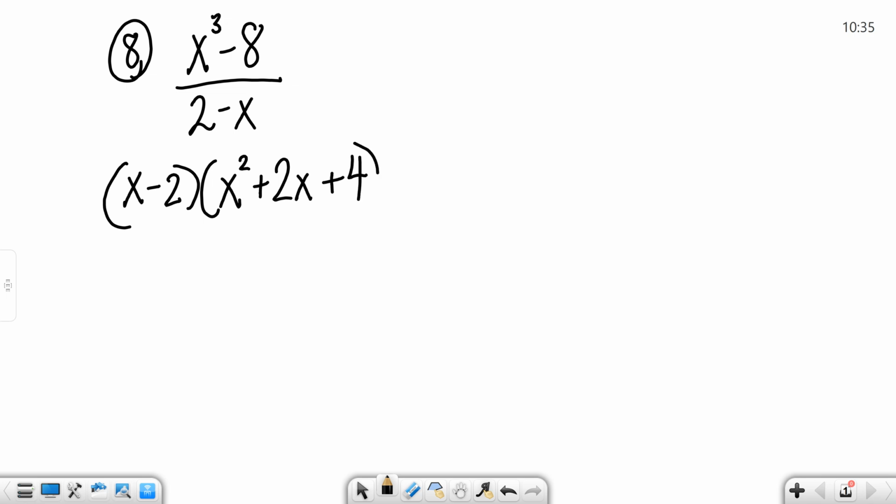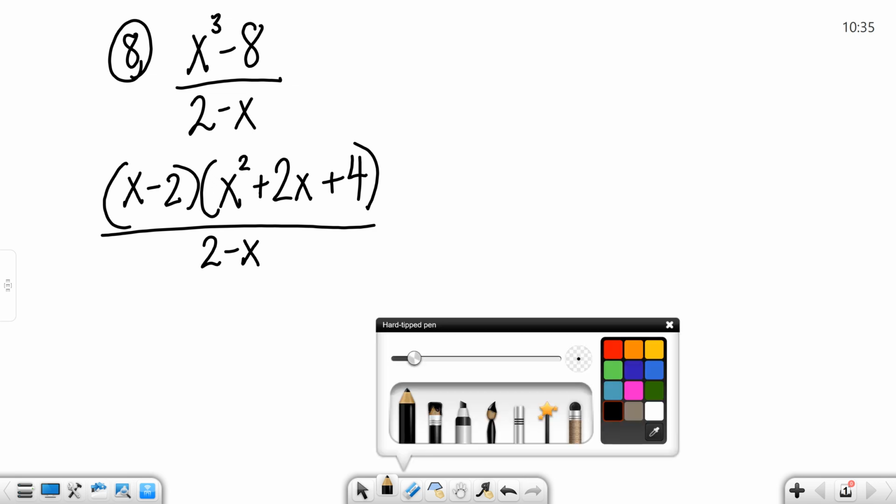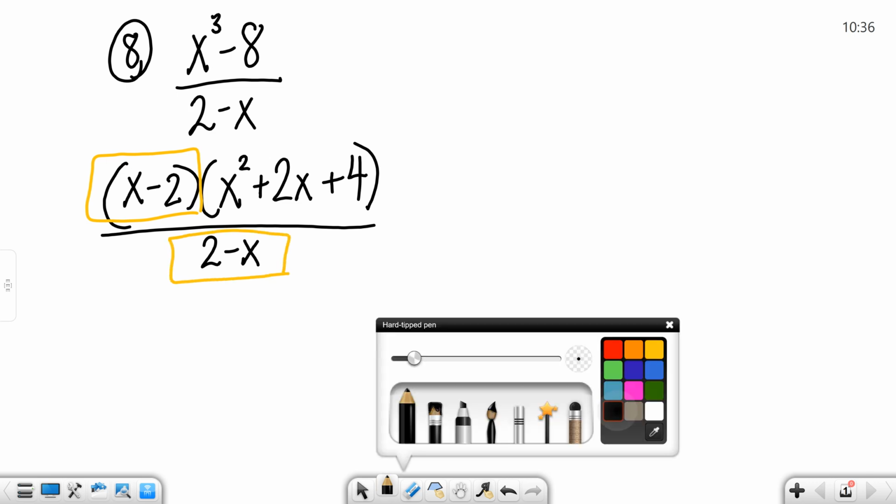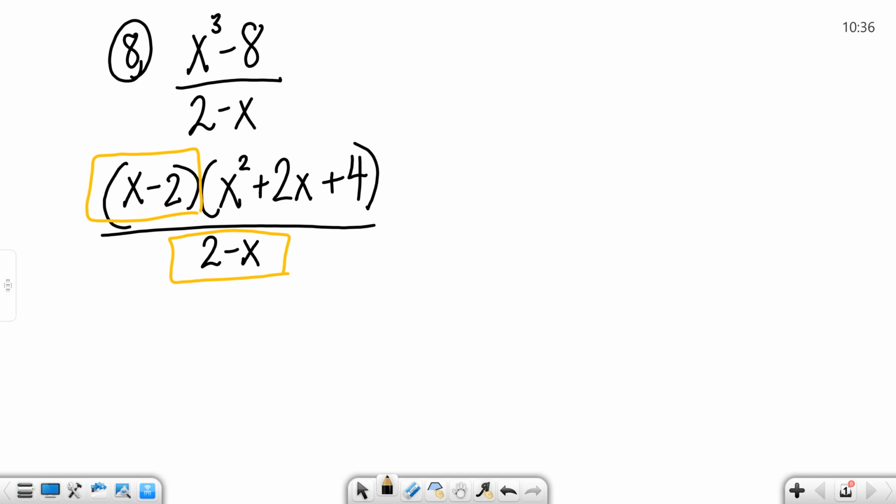And then I noticed that this 2 minus x in the denominator and this x minus 2 in the numerator are really close, but they're backwards from each other. So this is where I factor out -1, and I'm going to do it on the bottom, the denominator. So my numerator will not change.